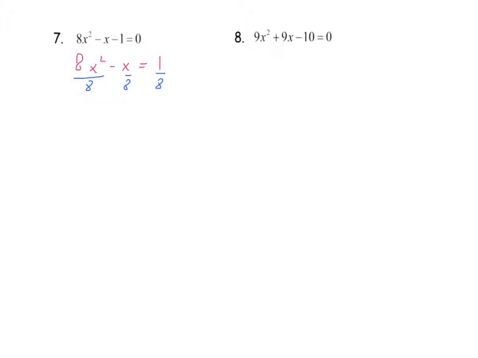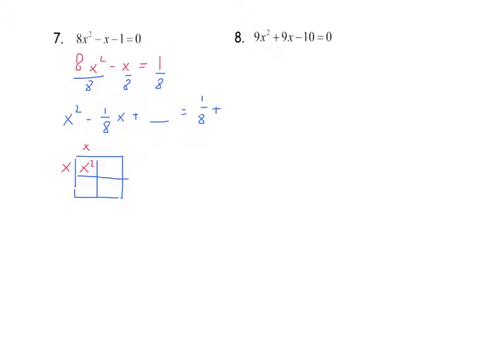So we'll have x squared minus 1 over 8x plus the blank area will equal 1 over 8 plus. So now I'm going to make my box to see what I need to fill in. So I'm going to say x squared, so the side lengths are x and x.